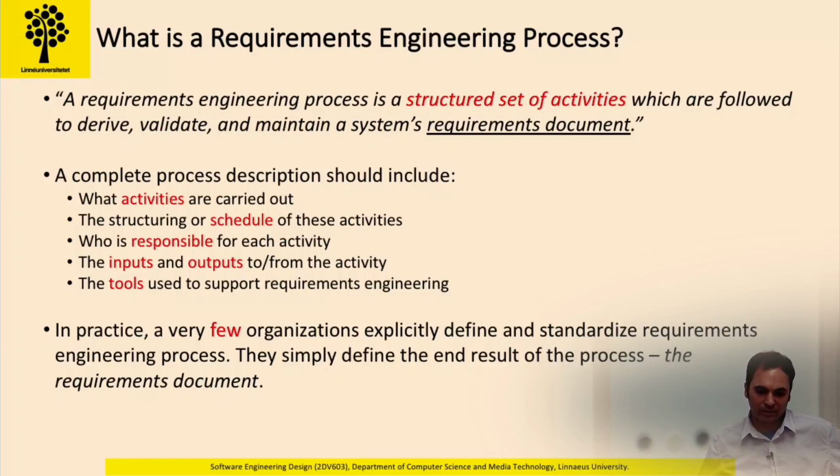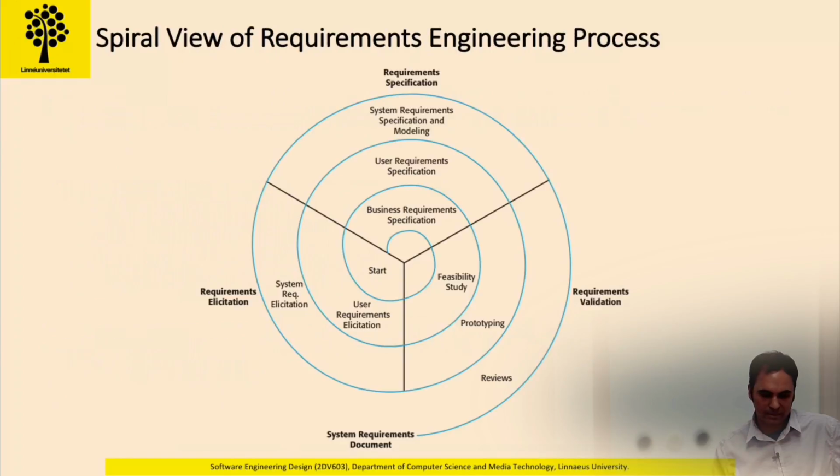They mostly focus on the requirements document, because that's the most important thing and the ultimate output of this process. And as things are getting more agile and more extreme, people really don't have much time to follow all those structured processes. That's why they land directly on the requirements document.